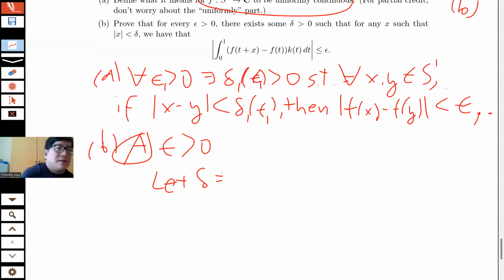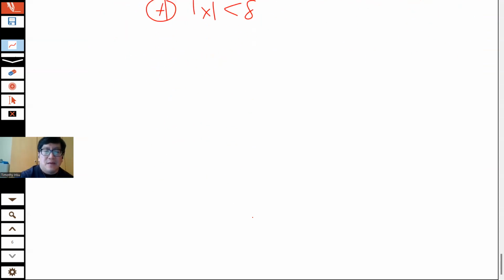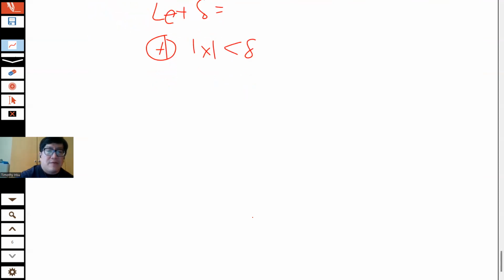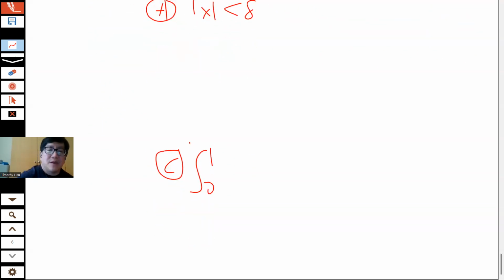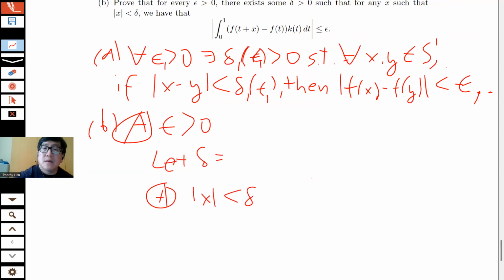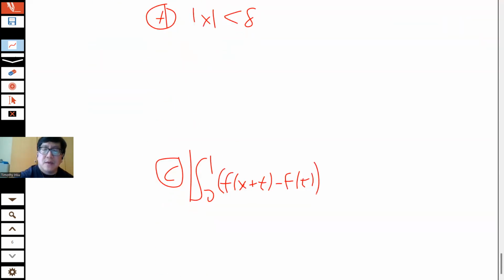So assume now that the absolute value of x is less than delta, and eventually you want to conclude that the absolute value of the integral from 0 to 1 of f of x plus t minus f of t, times k of t dt, is less than epsilon.